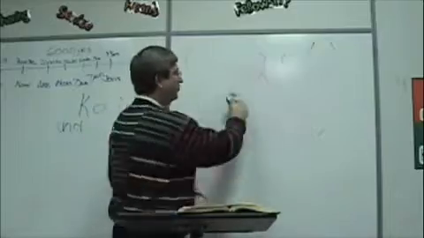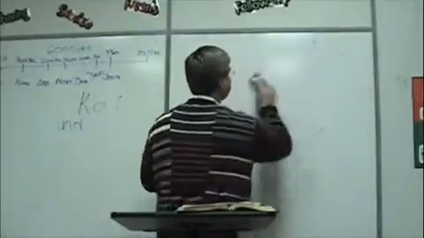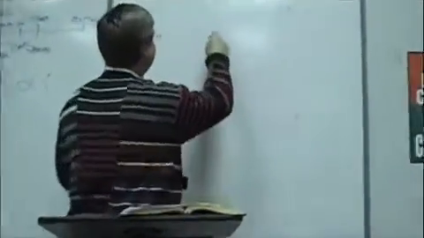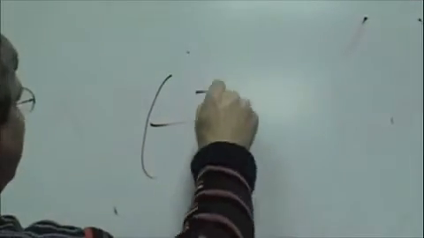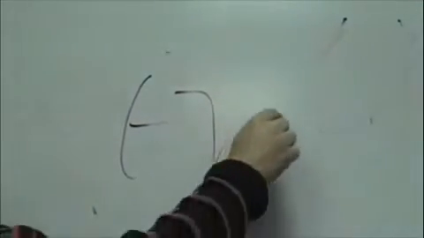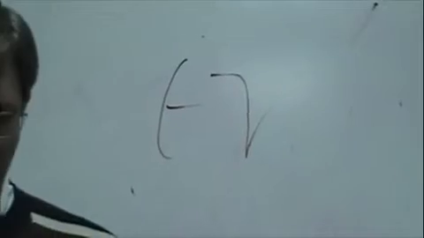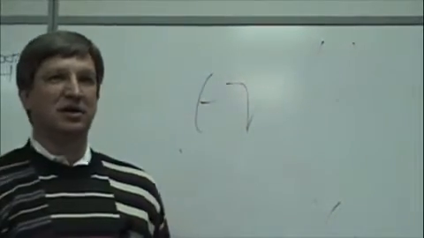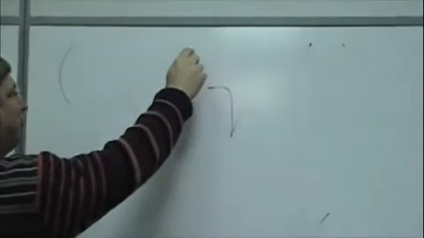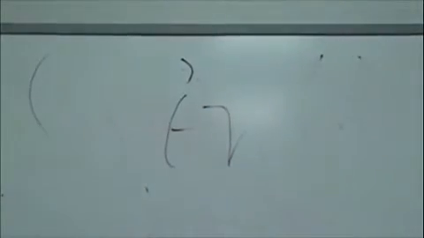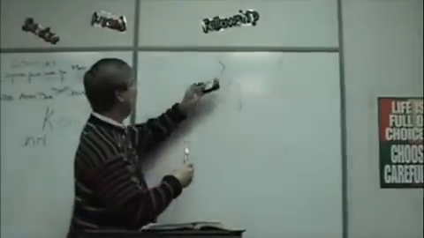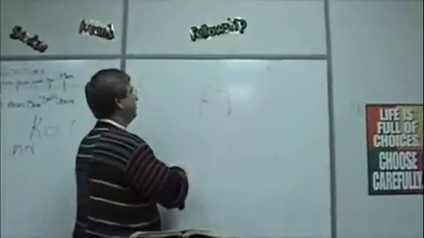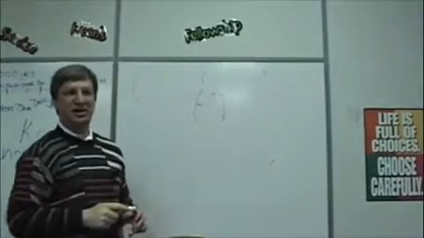So if you have this word right here, epsilon nu, how would you pronounce that word? If it has the smooth breathing, you pronounce it "in." If it has a rough breathing, you pronounce it "hin."